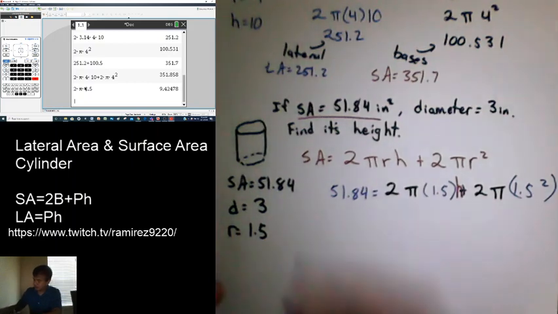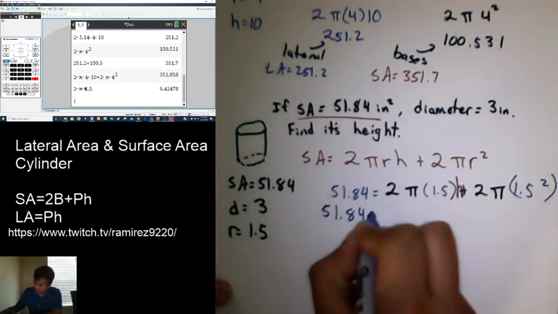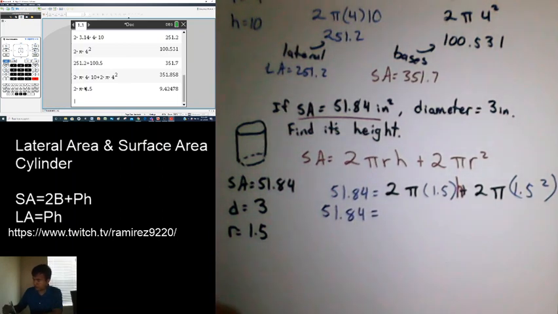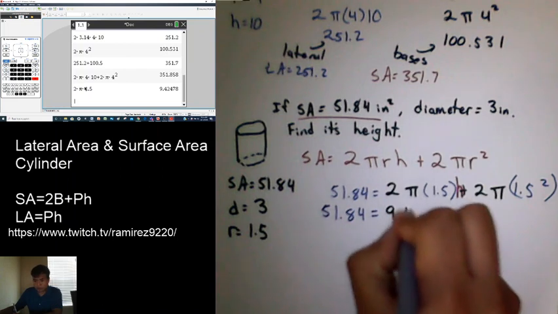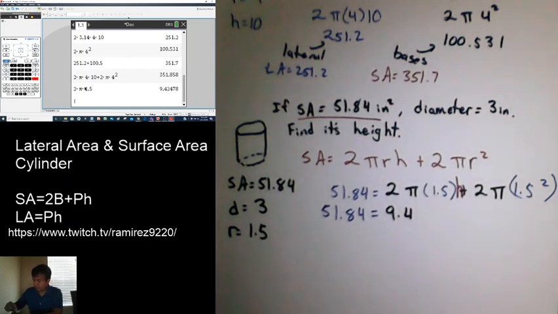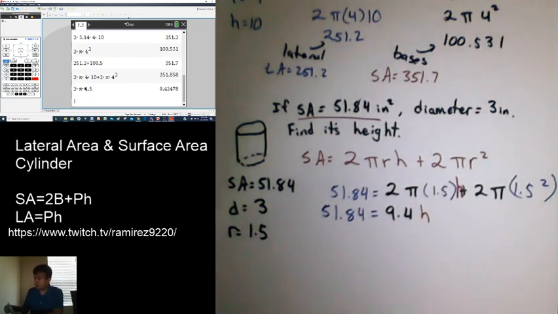Alright, so at this point we know that this is still 51.84. 2 pi times 1.5 became 9.4 times h, right? Cannot forget that there was h there.